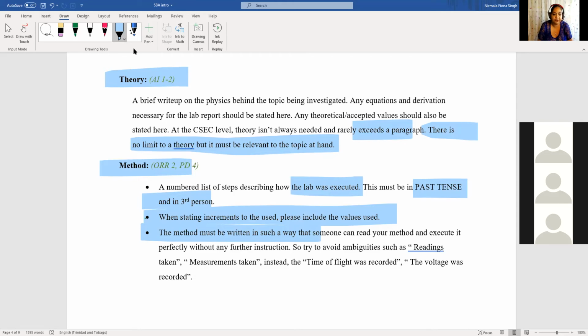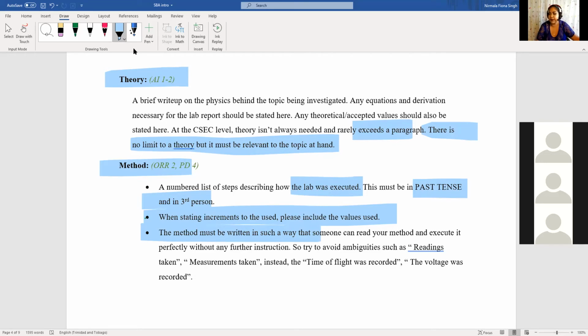So try to avoid ambiguity such as readings taken, measurements taken. Instead, record something like the time of flight was recorded, the voltage was recorded. You have to be very specific in writing your method. You have to say what you are measuring, what you are taking, what you are doing. So someone should read your method and perform the lab perfectly without having someone explain it.